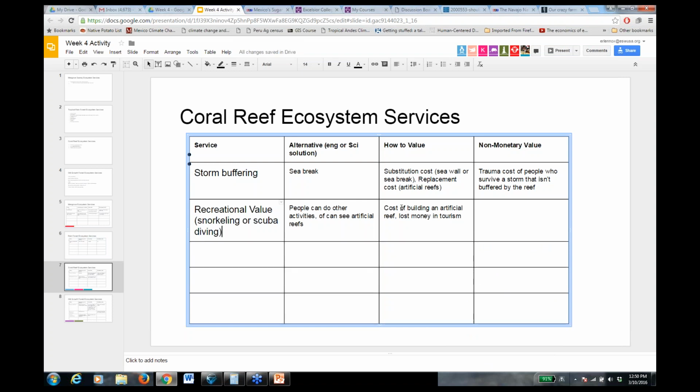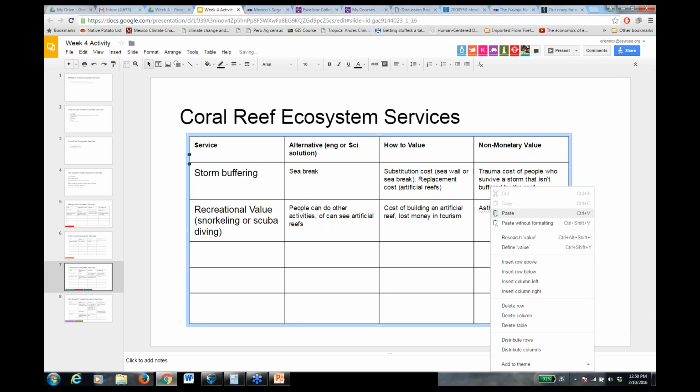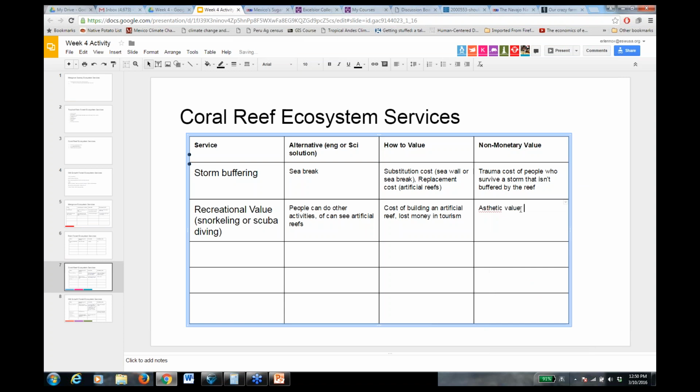And then the same idea is a bequest value, like not just knowing that it's out there, but knowing that future generations or your kids will be able to go and see these things, or they'll be able to go whitewater rafting, is something that people also value. And that one is pretty hard to put a science or engineering solution to, unless you can make, I guess, a totally artificial rainforest or something. So those are good ones.